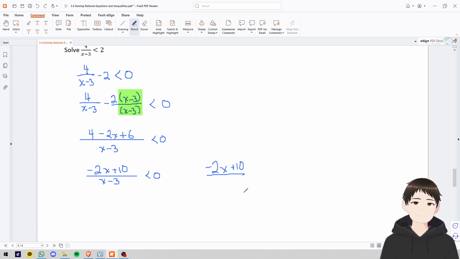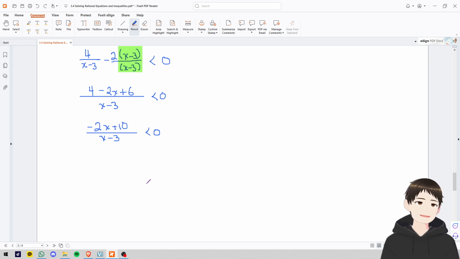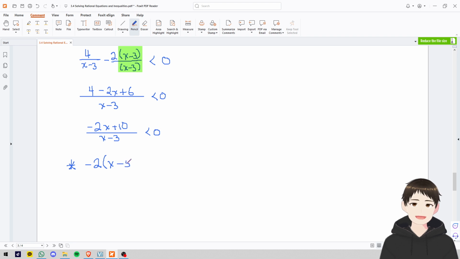So here we go. In a situation like this, I am going to check when it is equal to 0, when it is above 0, and when it is below 0. What I'm going to do is pretend this is a question where I must sketch.